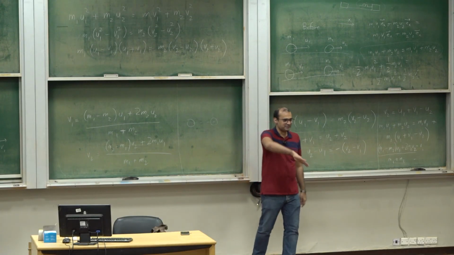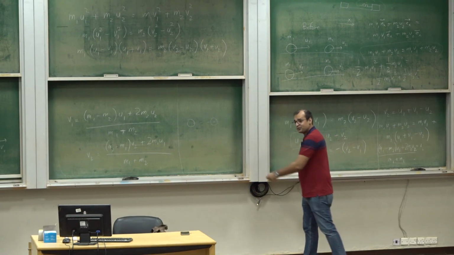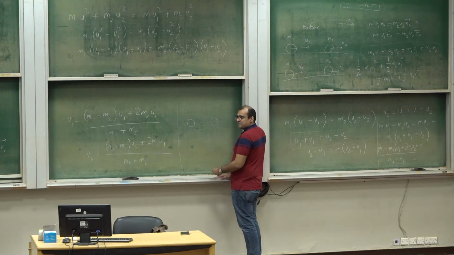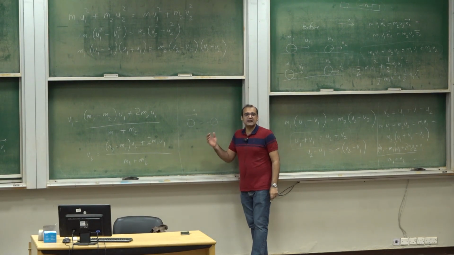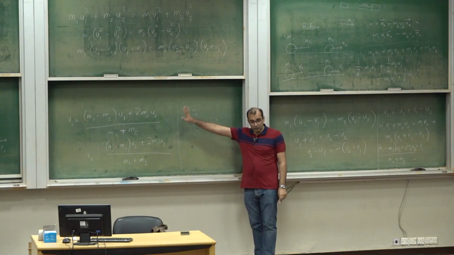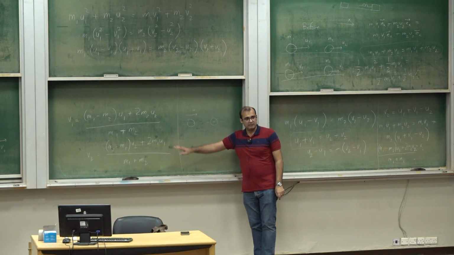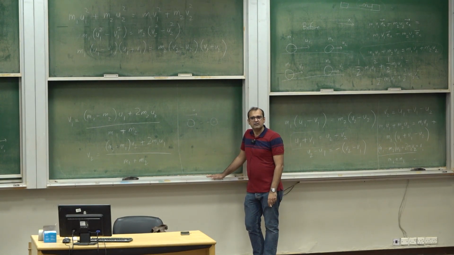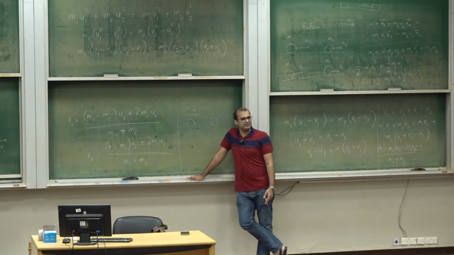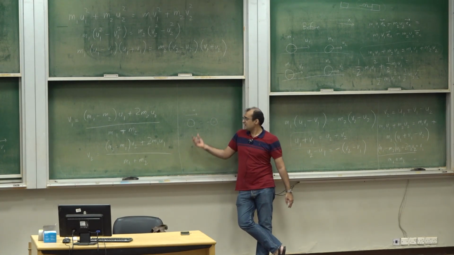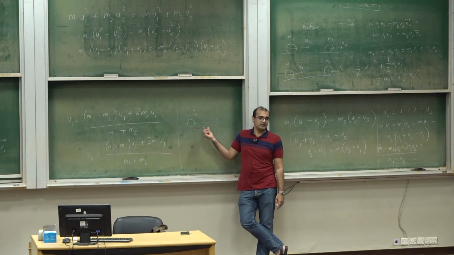And remember, your objective now is to figure out V1. This equation does not contain V2, it only contains V1. So you just solve for that. You get M1 U1 plus M2 U2 equals M1 V1 plus M2 U1 plus M2 V1 minus M2 U2.